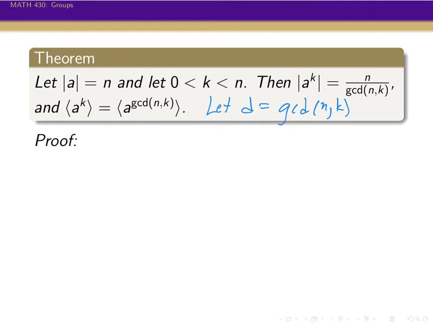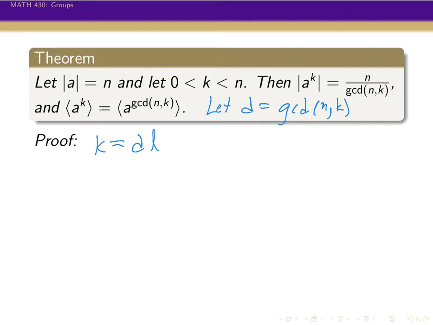Okay, so first, let's prove the first statement, that the order of a to the k is equal to n divided by the GCD of n and k. And so for that statement, since d is the GCD of n and k, we can write k as d times some other positive integer l.